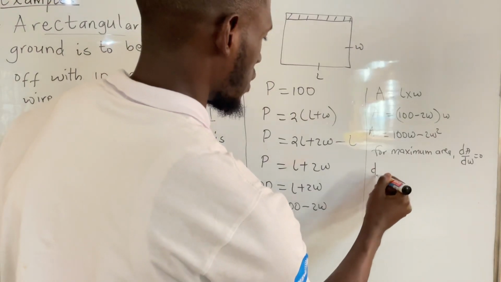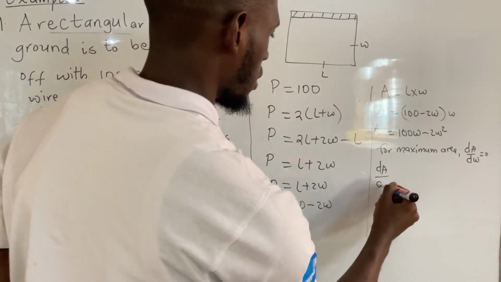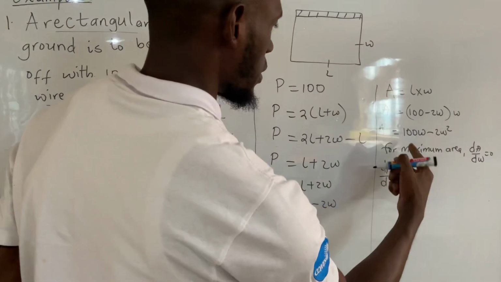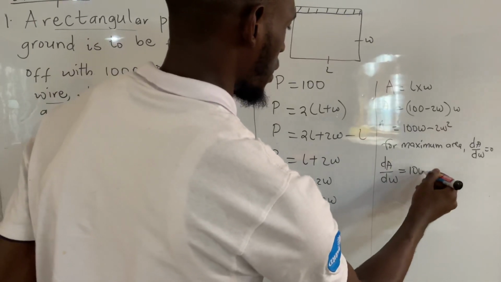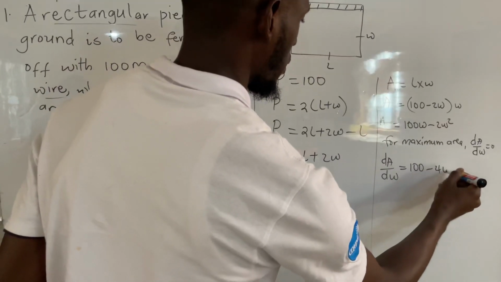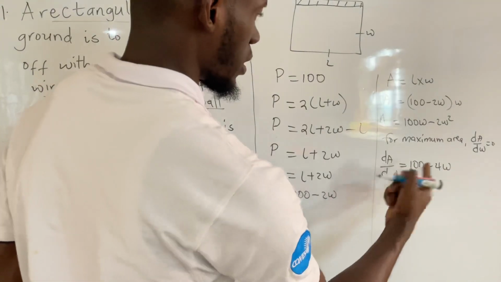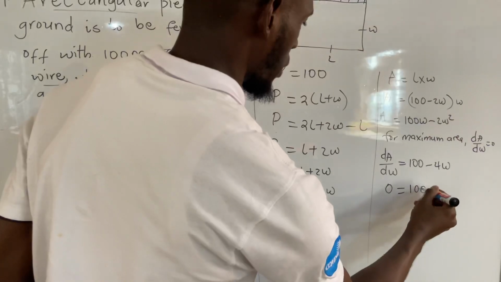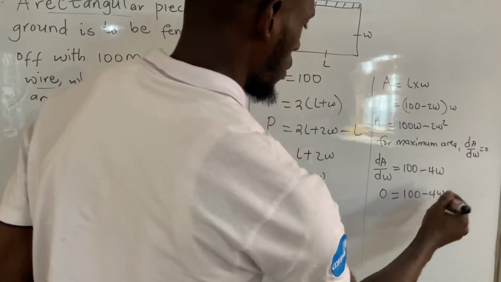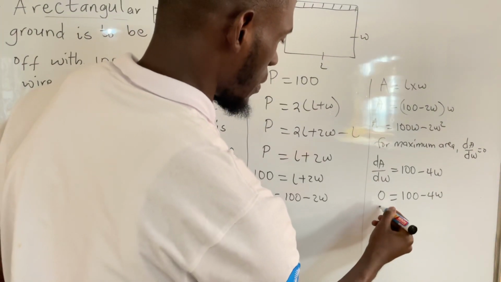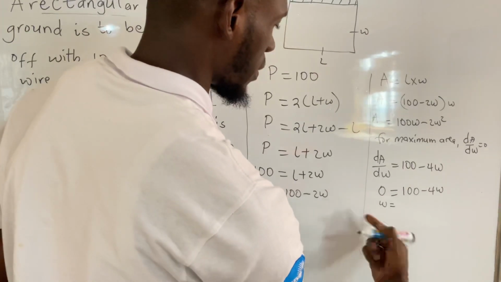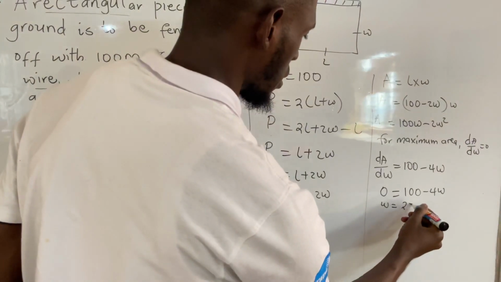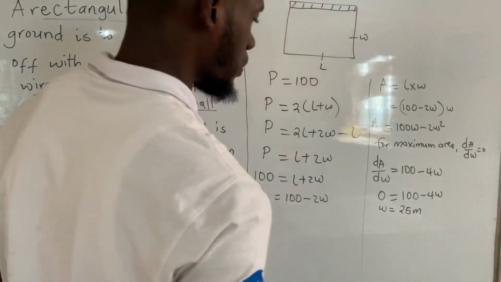We differentiate: dA/dW is equal to 100 minus 4W. Equating to 0, we have 0 is equal to 100 minus 4W. When you simplify, W is 100 divided by 4, which is 25 meters.